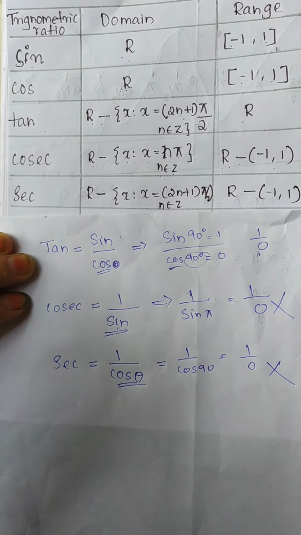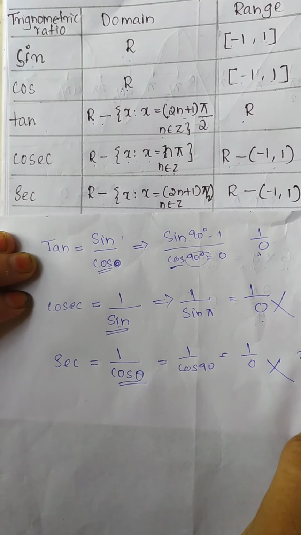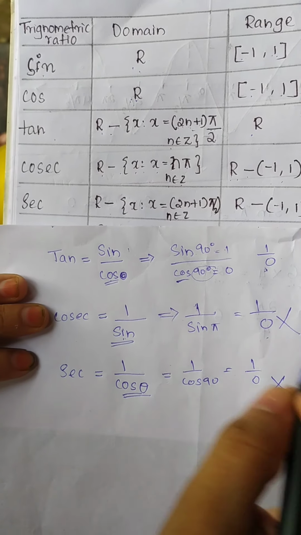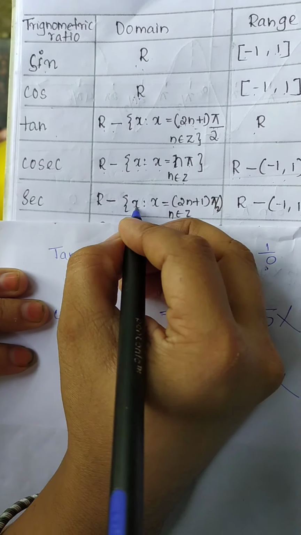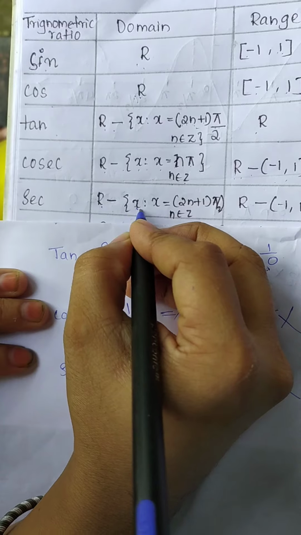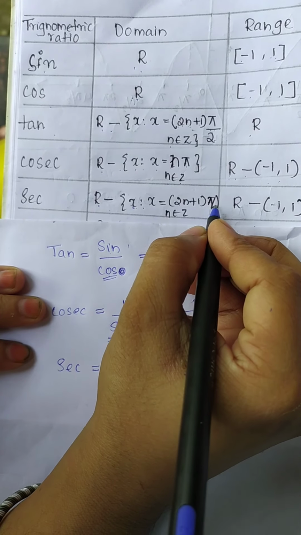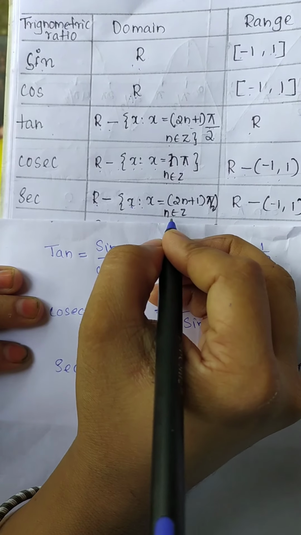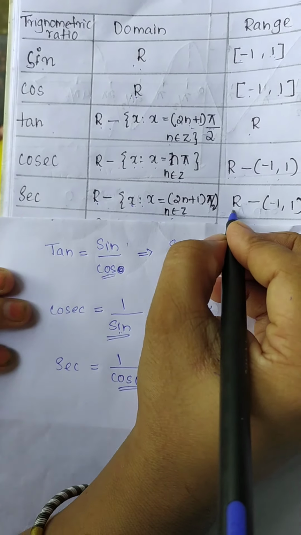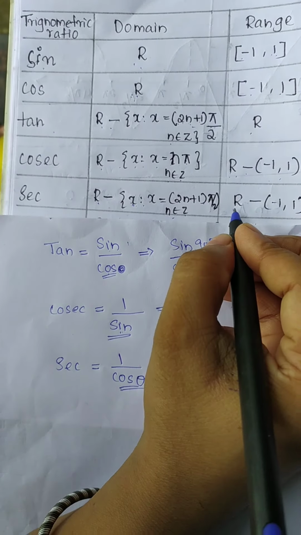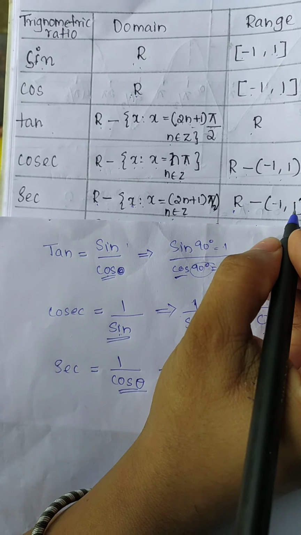Which are those cases? That is pi by 2, 3 pi by 2. So we have to subtract that. That is real numbers minus x, such that x is equal to (2n plus 1) pi by 2, where n belongs to Z. Then what is the range? Range is R minus (-1, 1).